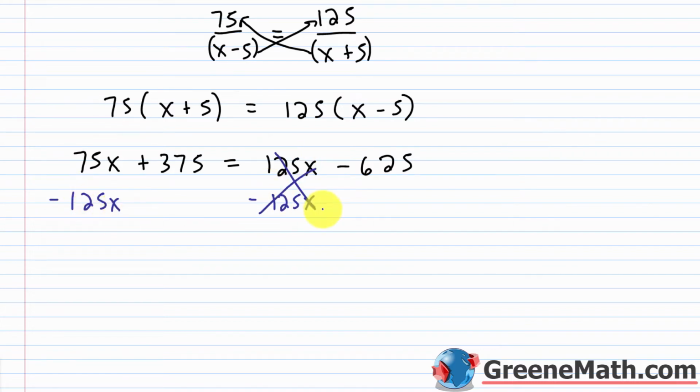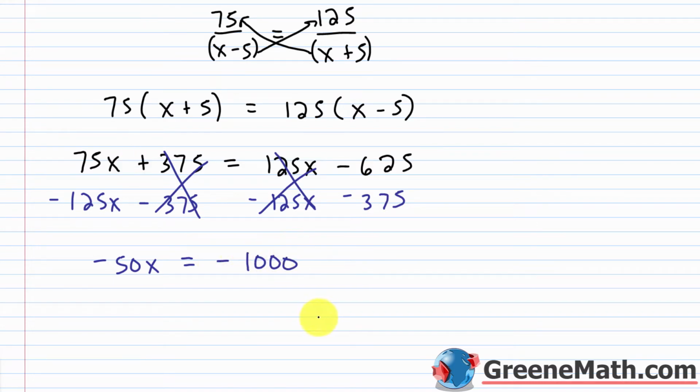So that'll cancel. Now let's subtract 375 away from each side of the equation. So that'll cancel. So 75x minus 125x is negative 50x. And this will be equal to negative 625 minus 375, which is negative 1,000.